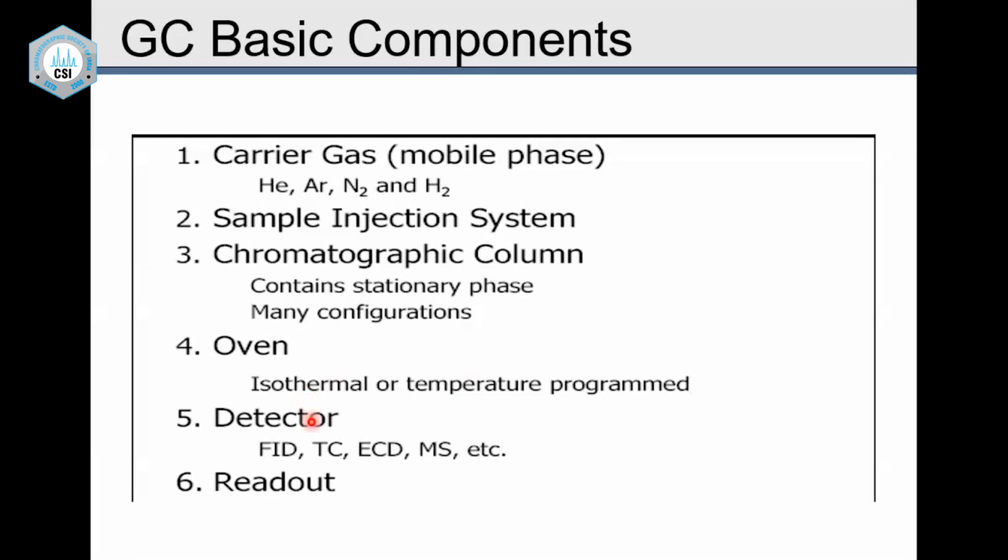Detector: we can have FID, TCD, ECD, and many other detectors are available. There is a choice of detectors depending upon the sample, and then we have a data system readout which gives us the chromatogram, with the concentration of various components in the peaks. Everything is possible to be measured.